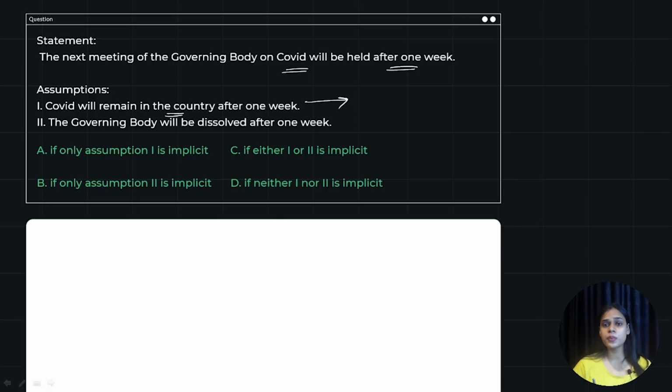It is not the responsibility. The other body would come and do it. So we cannot say that number 2 is implicit, but yes, number 1 is implicit because it's a pandemic and it cannot just completely disappear in just 1 week. Even if it's lessening, it can be there and it will be there. So the body needs to have a meeting on it, right? So we are going to say that only assumption 1 is implicit. Hence, option A is the correct answer for us.